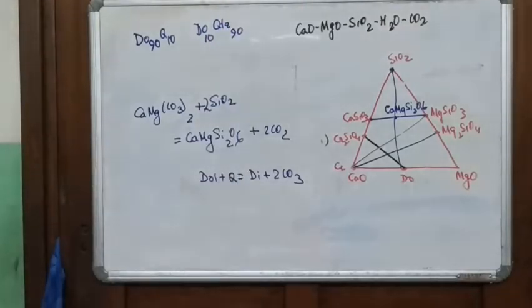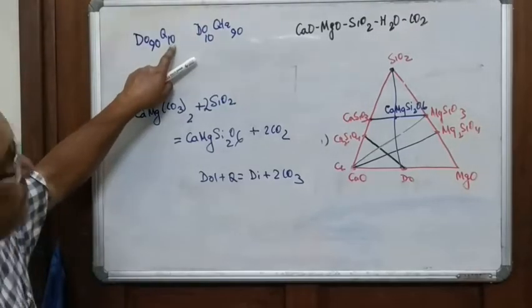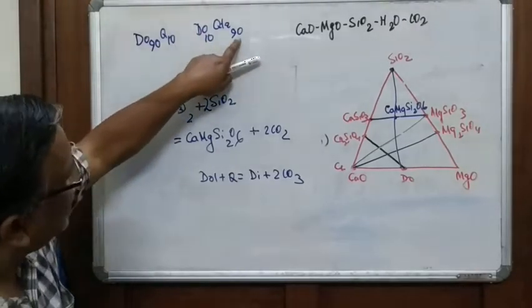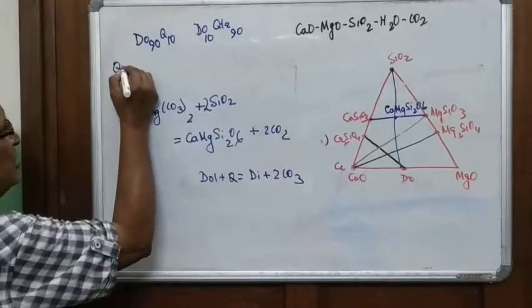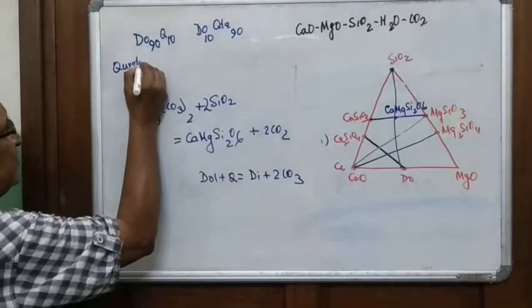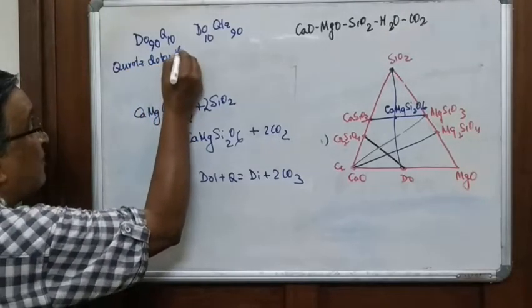That means in molar terms, 90 dolomite, 10 quartz, total is 100, and 10 dolomite, 90 quartz. So this is quartz dolomite. The bulk of the rock is dolomite.